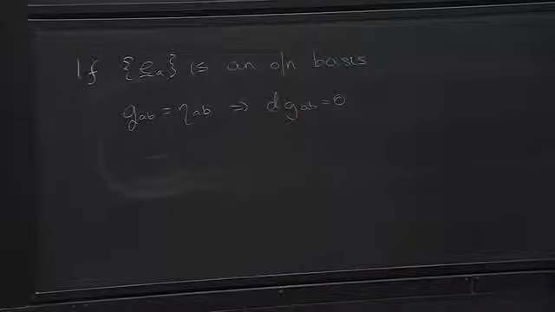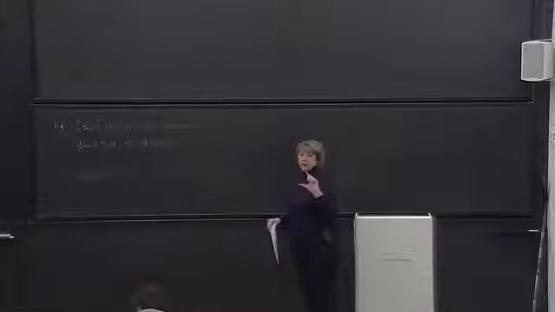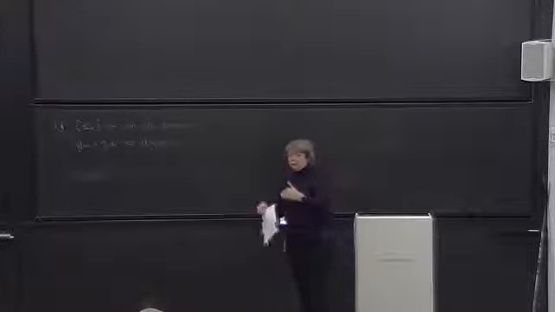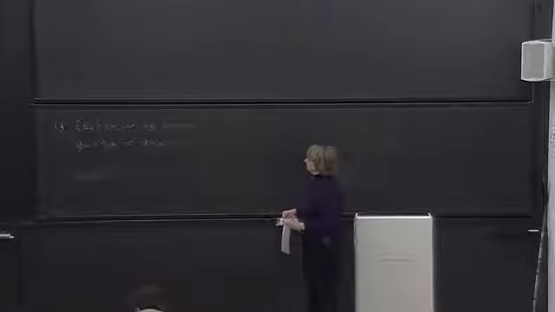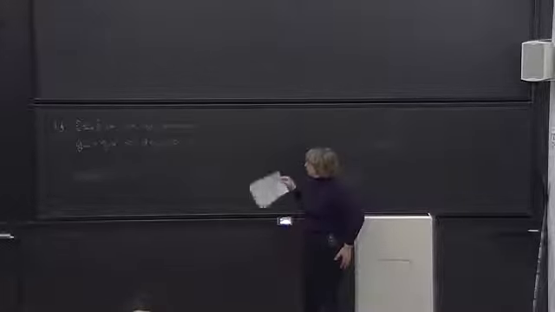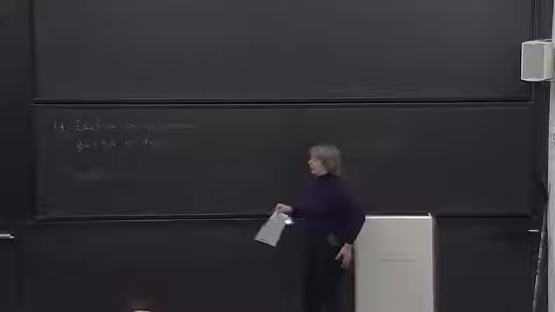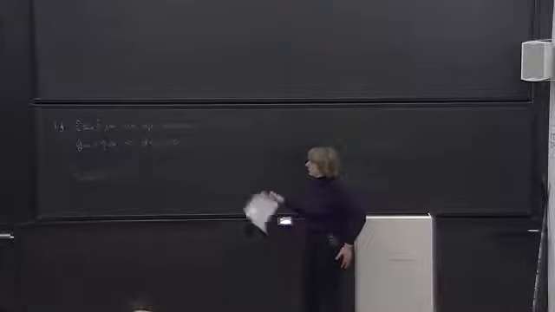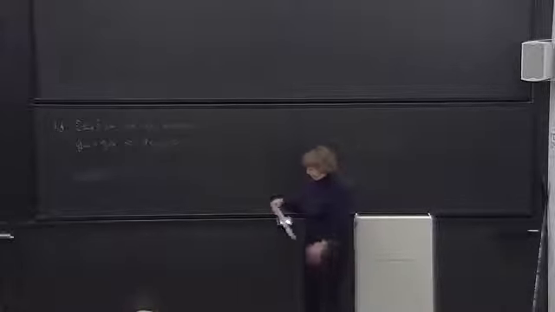If we have an orthonormal basis, then if I take the metric, the dot product of e_A and e_B, I get 1 or minus 1 if A equals B and 0 otherwise. So in other words, the components of the metric are either plus or minus 1 or 0, so therefore its derivative vanishes, and I see that my connection is therefore antisymmetric.